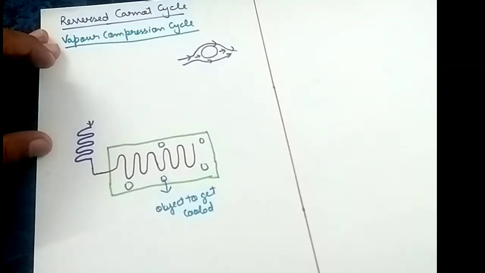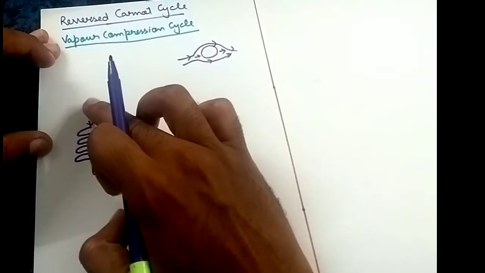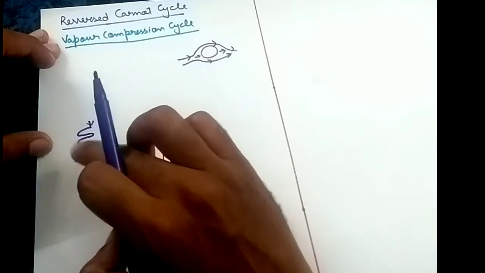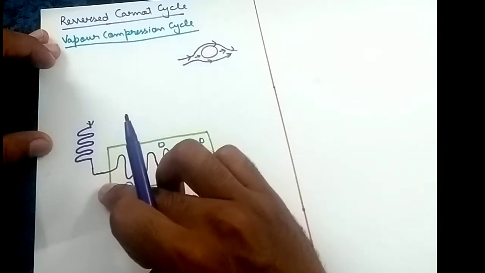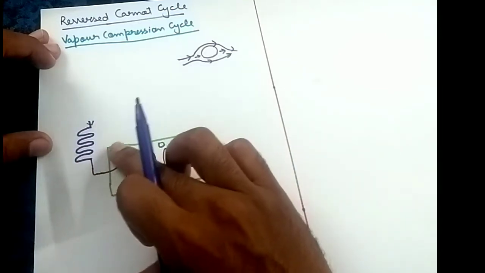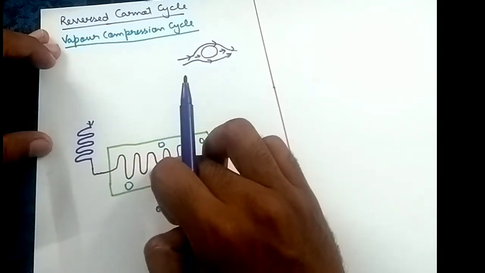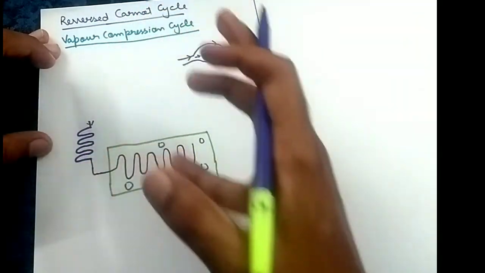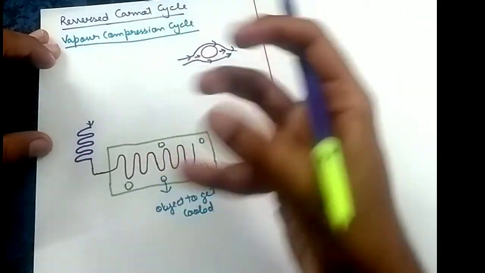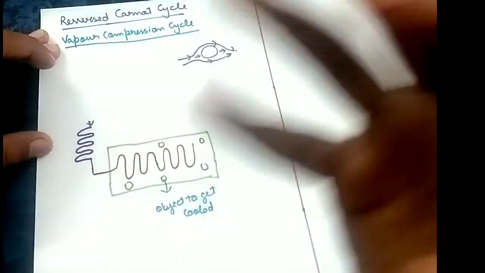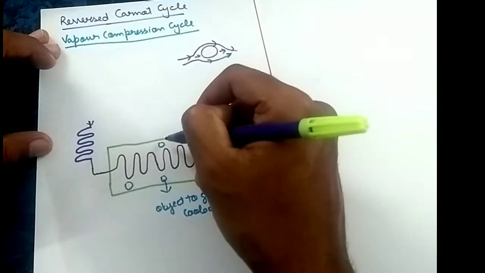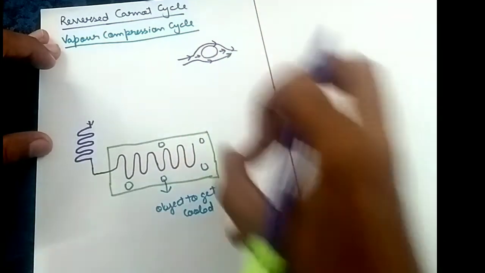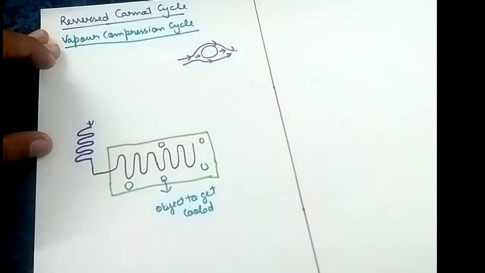So what happens here? We supply high pressure cold liquid here. The cold liquid is then passed to the evaporator coil. After going to the evaporator coil, this liquid gets converted to vapor, because this liquid absorbs heat from the object that is to get cooled.